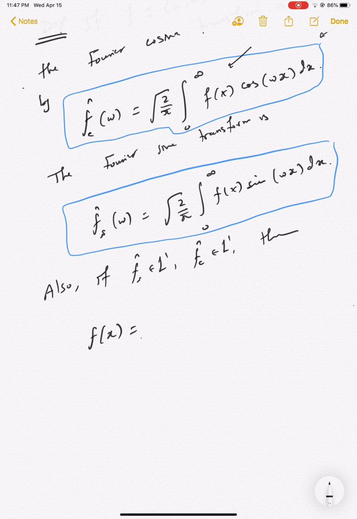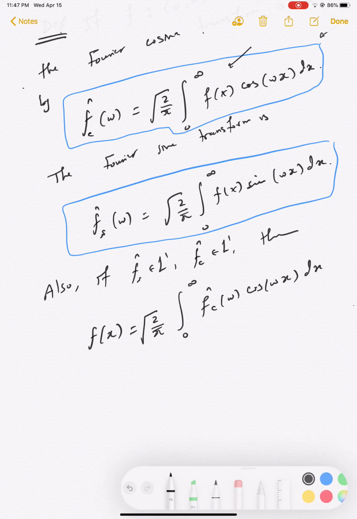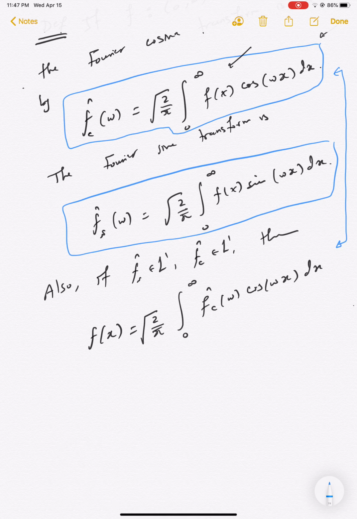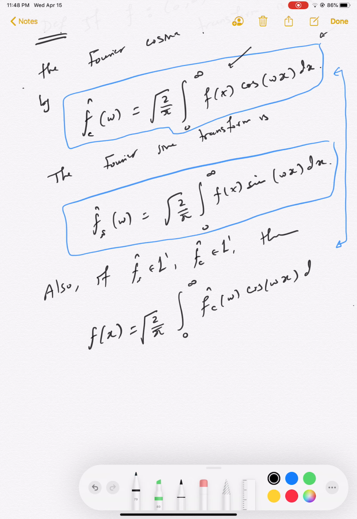It's very easy to memorize these formulas because of the symmetry. Basically, we have almost the same definition. If you compare the cosine transform with its inversion formula, they are identical, except that, sorry, I always make this mistake, this is the omega.